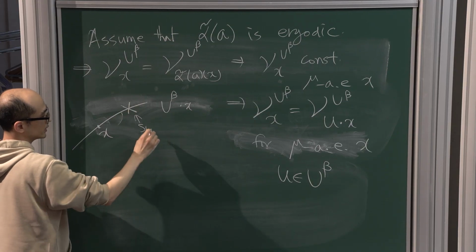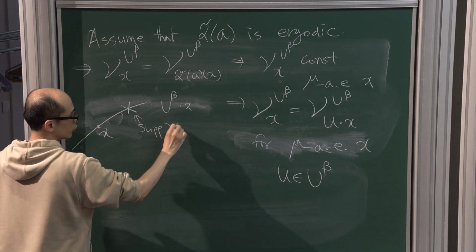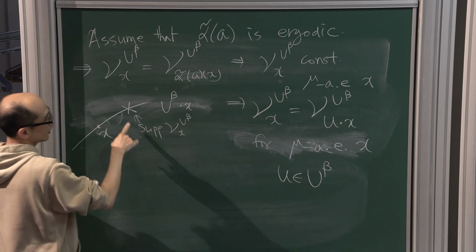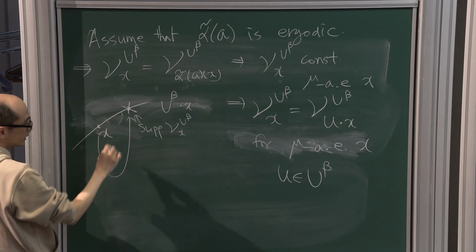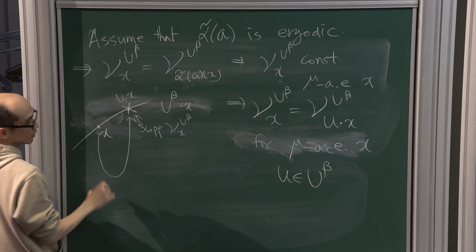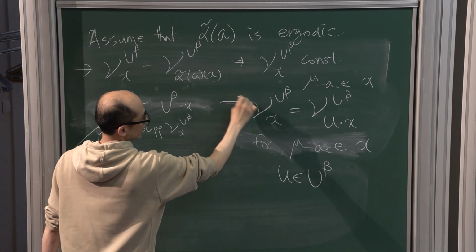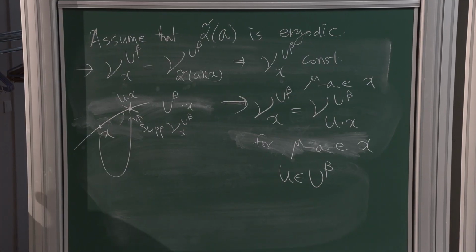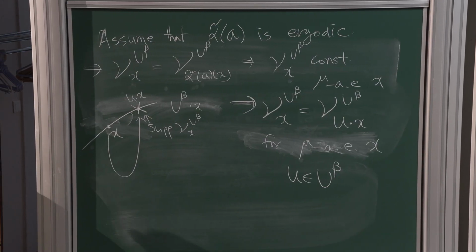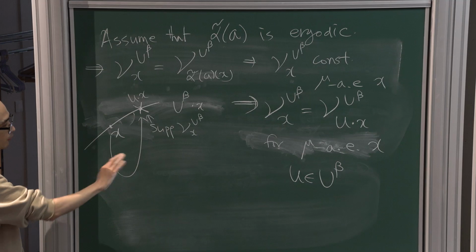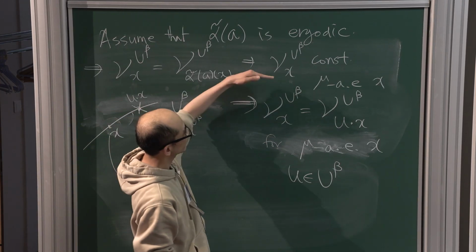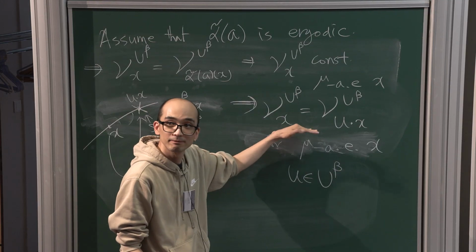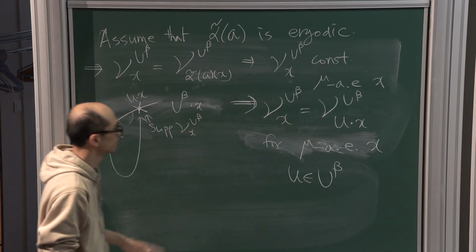So let's say this point is in the support of the nu x u beta, then I can come back by ergodicity, so that this is u dot x, and they are the same. So you should be careful about almost every point. But if you believe that this is constant, then this should be the same for every u.